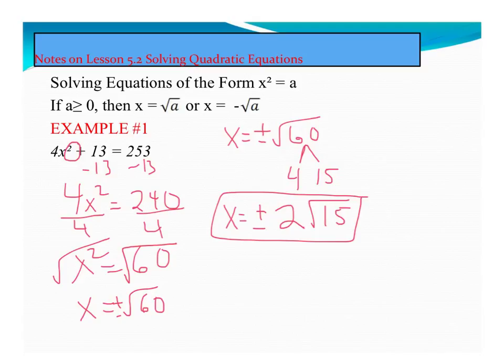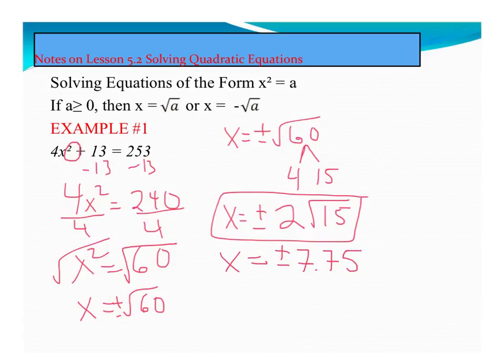Let's also get an approximate answer for this one. This is our exact answer. There's no decimals. When we have decimals, although a lot of us think decimals are super exact, no, we round decimals, so that's considered an approximate answer. If we plug in 2 times the square root of 15 into our calculator, we're left with x equals plus or minus 7 point, and let's go with the nearest hundredth.